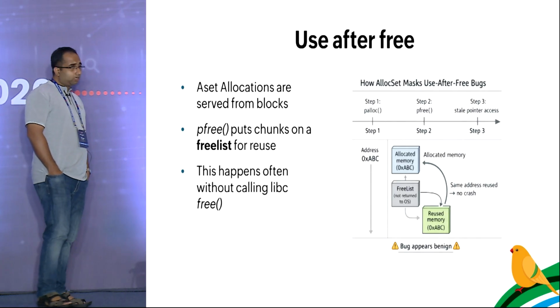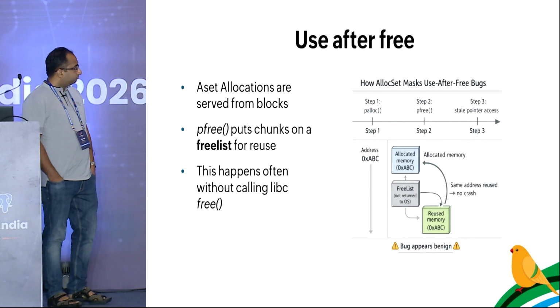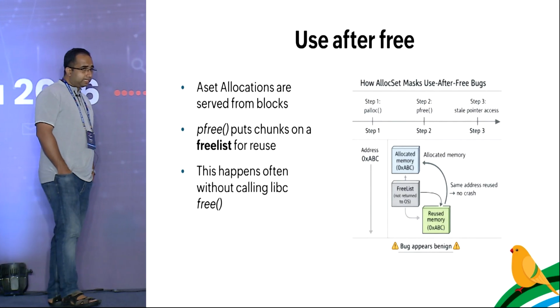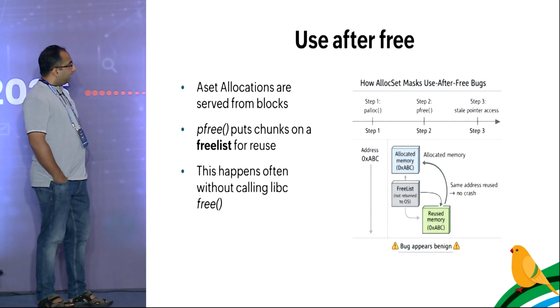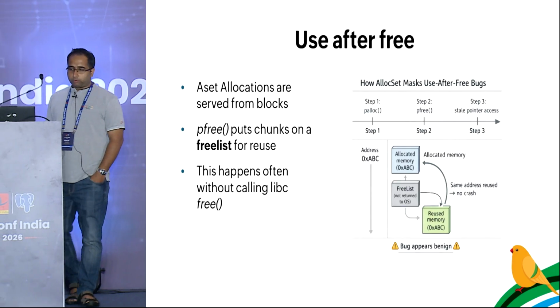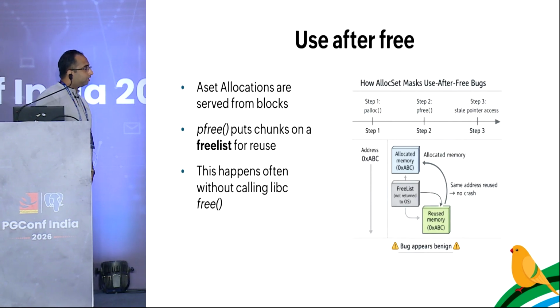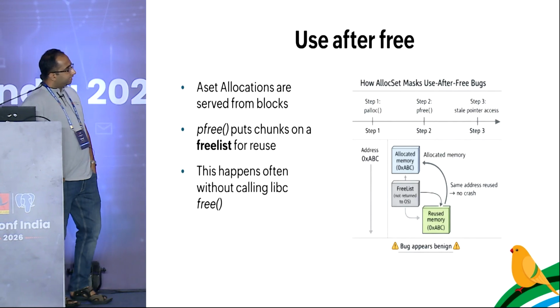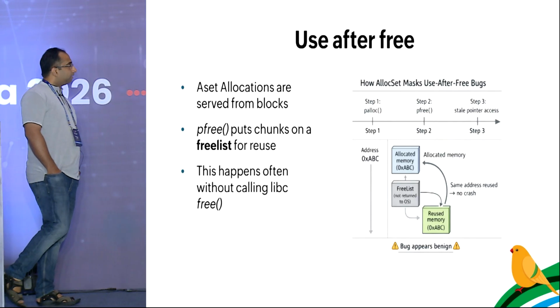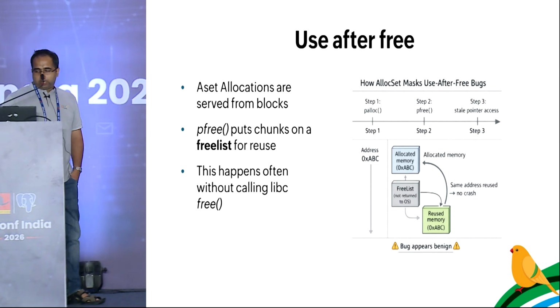When pfree is called, the chunk is put back into the free list, so the pointer is still valid, and if someone is holding on to the pointer, they can still use it. This creates undefined behavior, because the pointer can be given to some other payload.